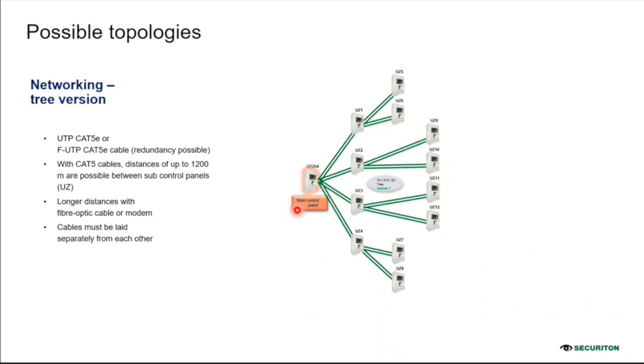When we move to SecuriWan, we have one or more main panels that receive all the messages, all the information from all the sub panels. That means that the sub panels will display only the events related to their own system, not the events from other panels. Only the main panel receives the global events. That is one of the big differences.